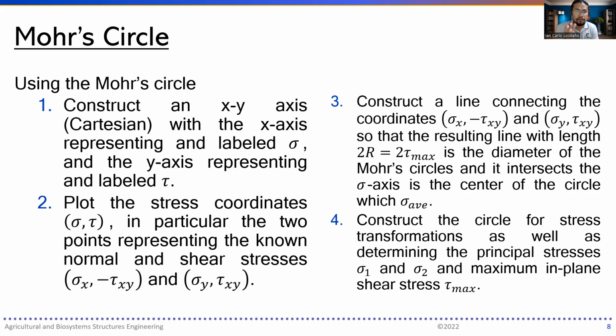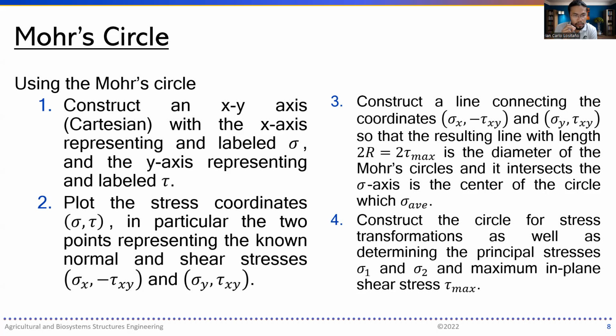You have to first construct a Cartesian coordinate system, where the x-axis will be the location for your normal stress, and the y-axis for the shear stress. Now the stress coordinates should be plotted in that coordinate system, representing the normal and shear stresses accordingly.